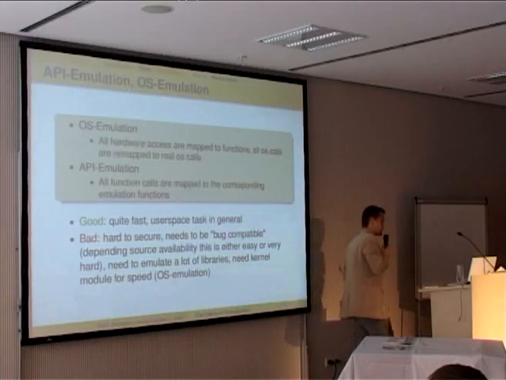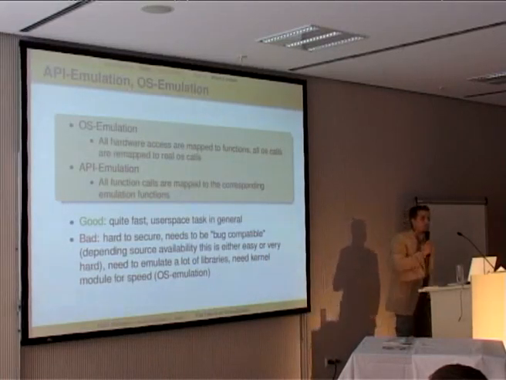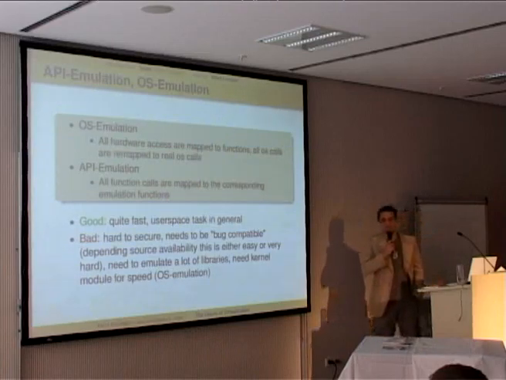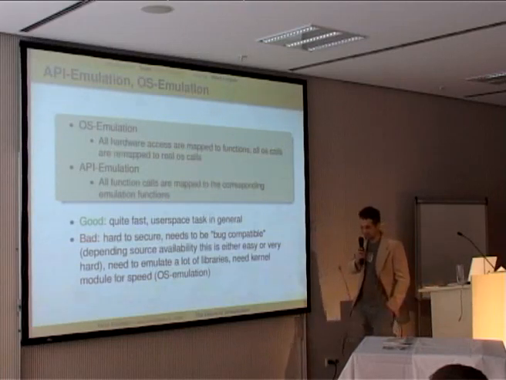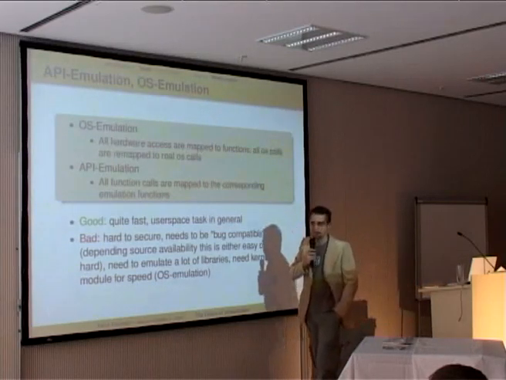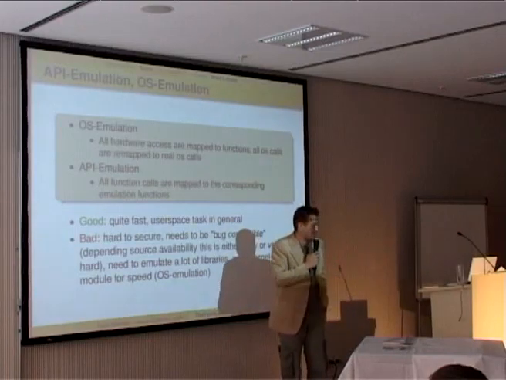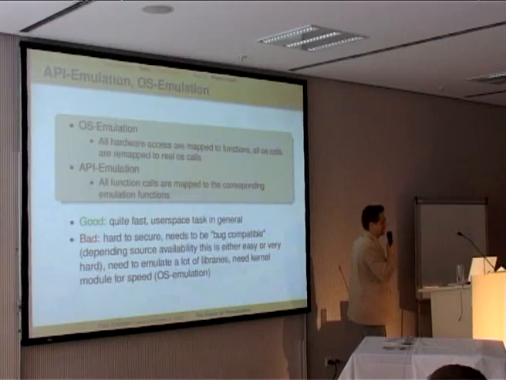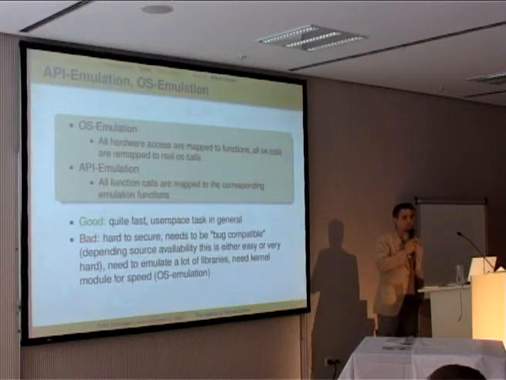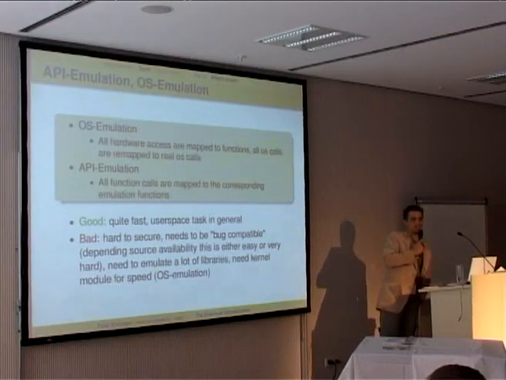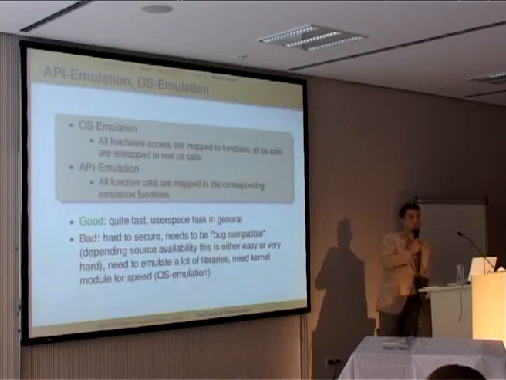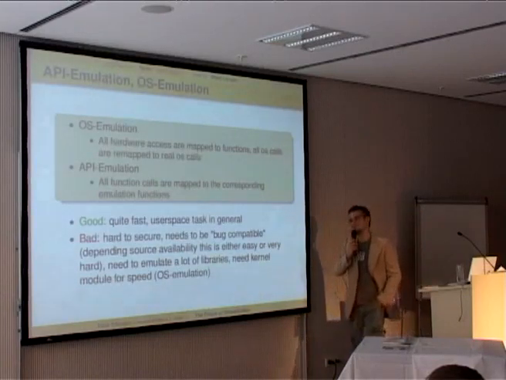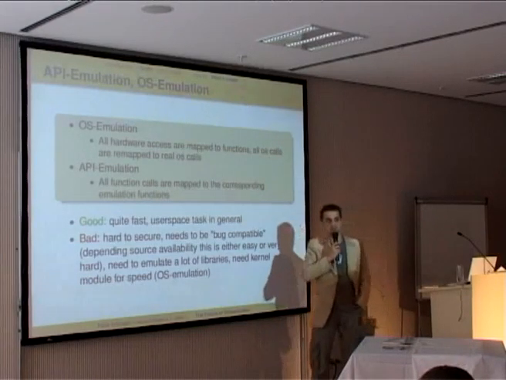So in case you have the source, this is not complicated, but in case you don't, it gets really, really hard. You need to emulate every bug found in the system you want to emulate.